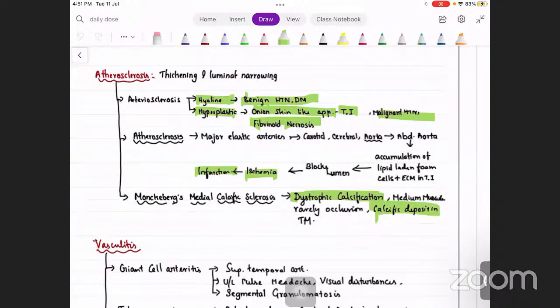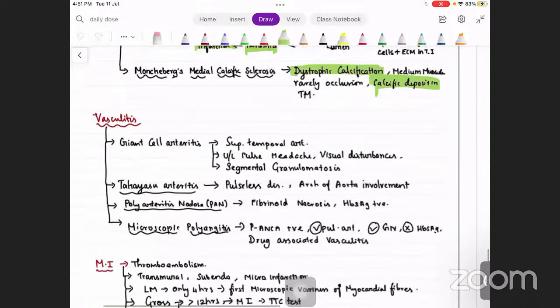Then vasculitis, giant cell arteritis. The most common artery involved in giant cell arteritis is a very, very classic MCQ: superficial temporal artery. And you may see the segmental granulomatosis in giant cell arteritis. Upper limb pulse headache, superior temporal artery, segmental granulomatosis are the three things you have to remember in terms of giant cell arteritis. Takayasu, pulseless, arch of aorta involvement.